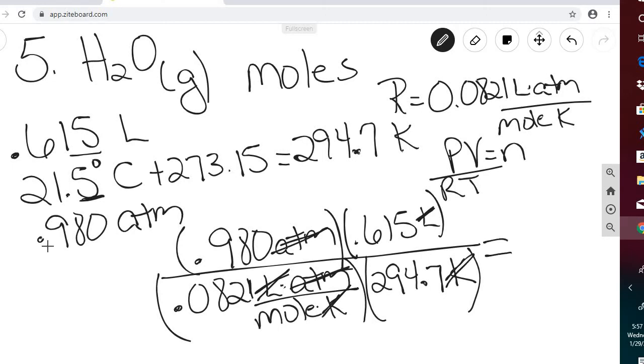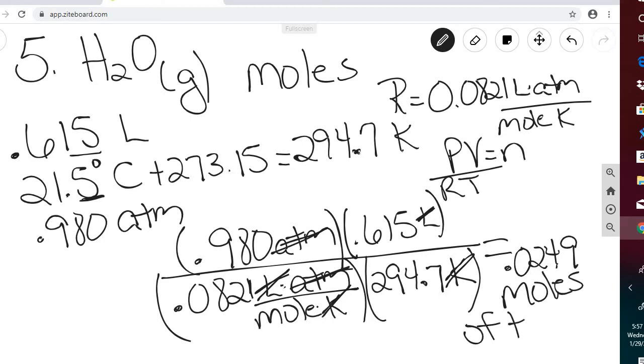And if we do this math, 0.980 times 0.615 divided by 0.0821 divided by 294.7, I think you should get 0.0249 moles of water vapor. This is what the question asks us for.